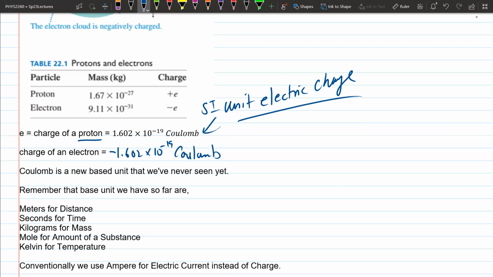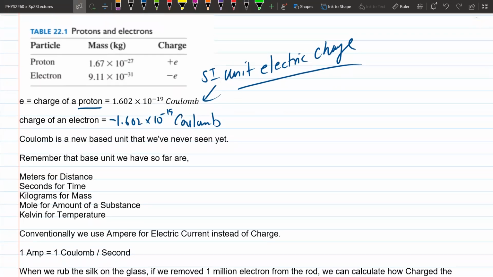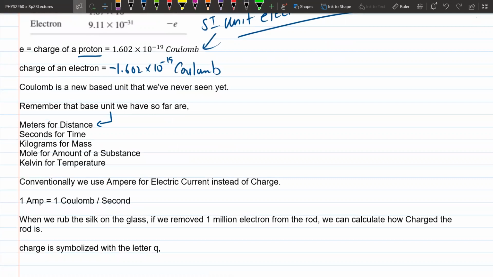Just a reminder from General Physics 1: if we want to measure distance, the SI unit is a meter, which is this line right here. If you want to measure time, it's seconds. If you want to measure mass, it's not grams, it's actually kilograms, so if I gave you a problem in grams, you have to convert it to kilograms in order to use the mass.